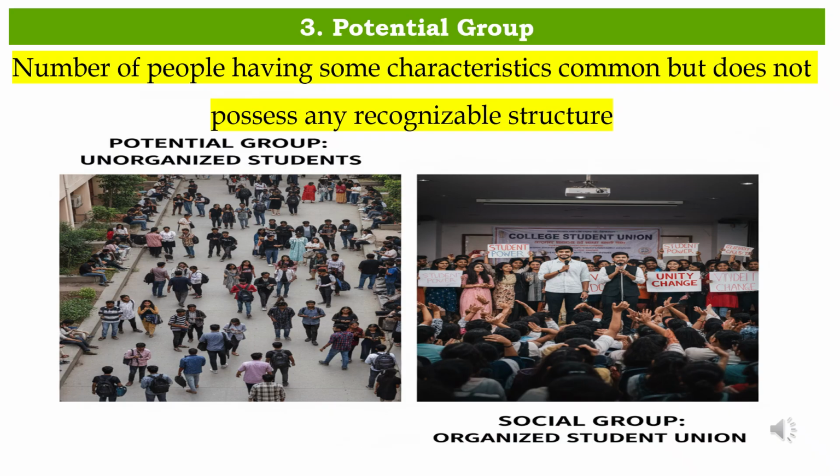For example, all the students who have completed the 12th standard form a potential group because they share a common characteristic, their qualification, but they are not yet organized. Once these students get admitted to an undergraduate program in TNAU, they come together with a common purpose and interaction, and thus they become a social group.